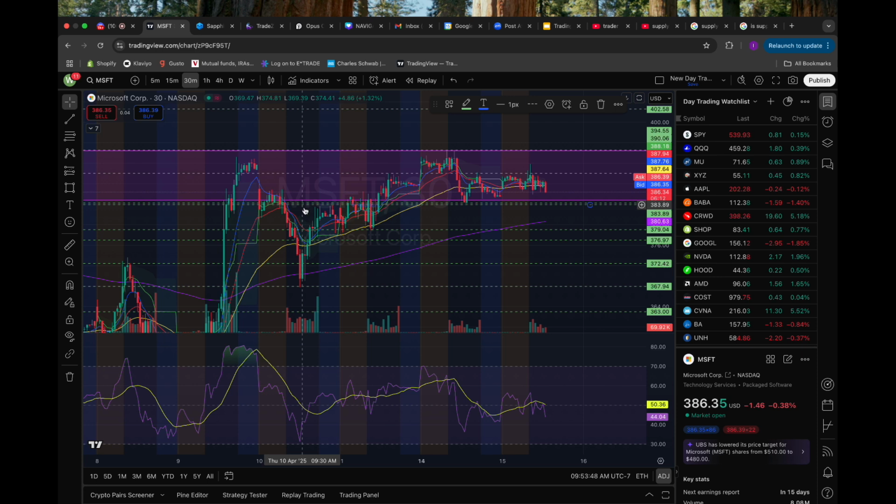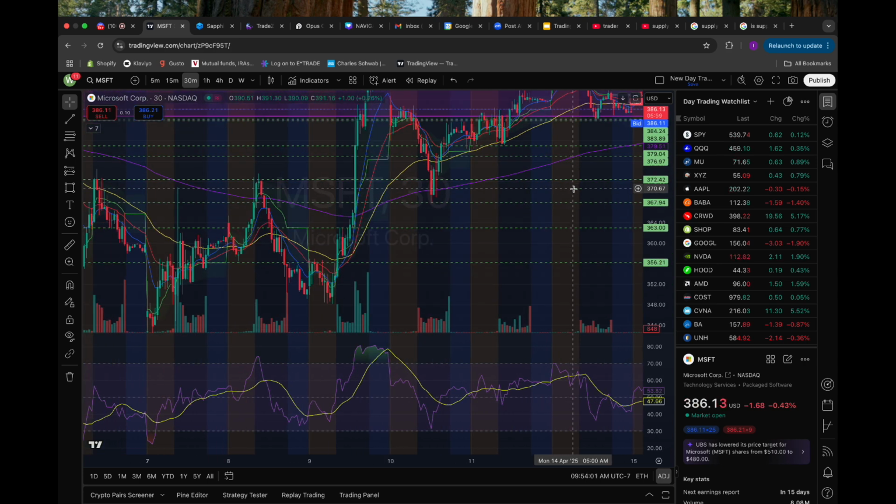So that's the resistance and that's the support. You can trade based off of support and resistance. You could also trade off of supply and demand if that's what you wanted, or you could mix the two together, right? I hope that makes sense.